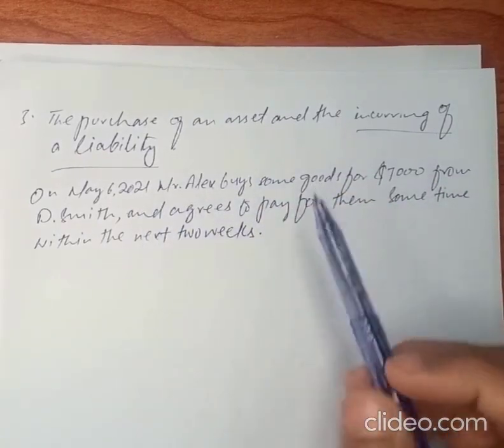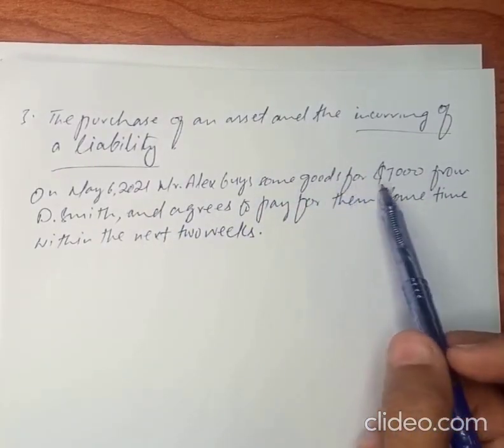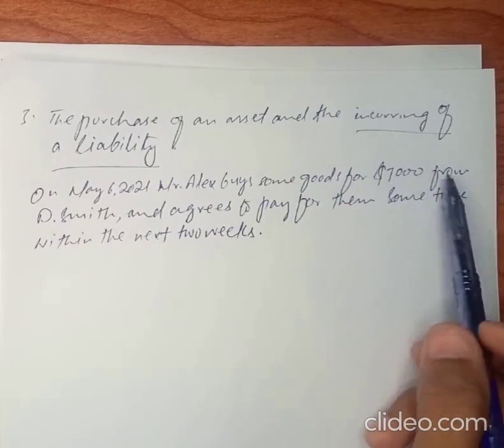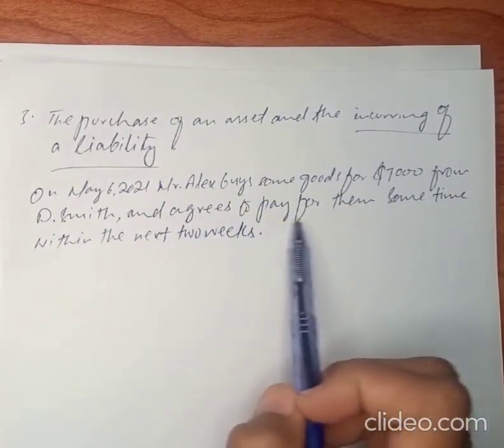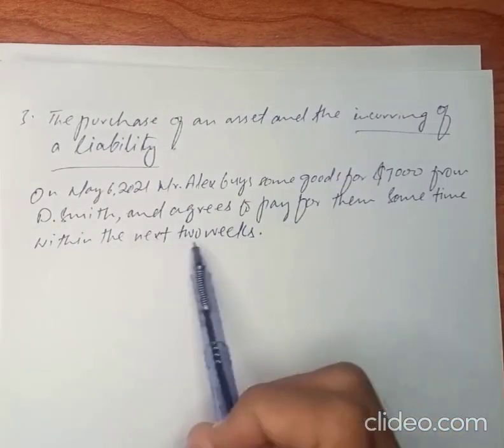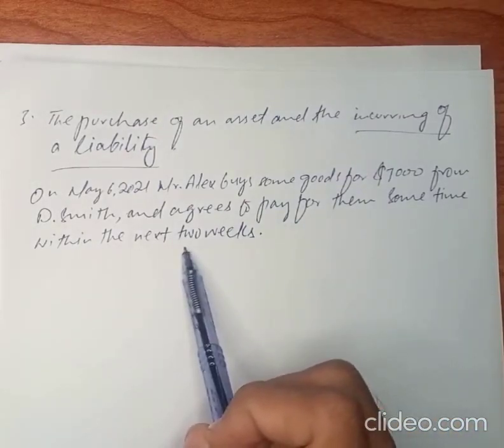So here Mr. Alex buys some goods for $7,000 from D. Smith and agrees to pay for them sometime within the next 2 weeks.